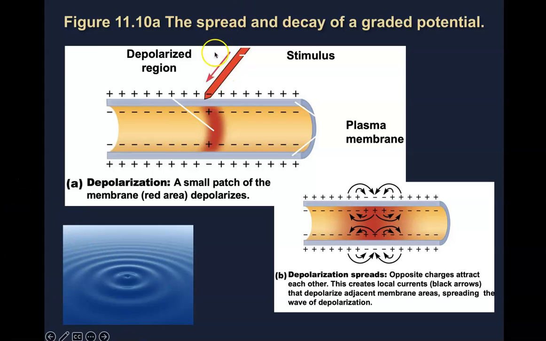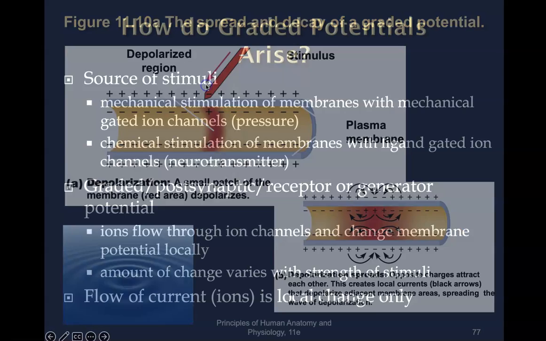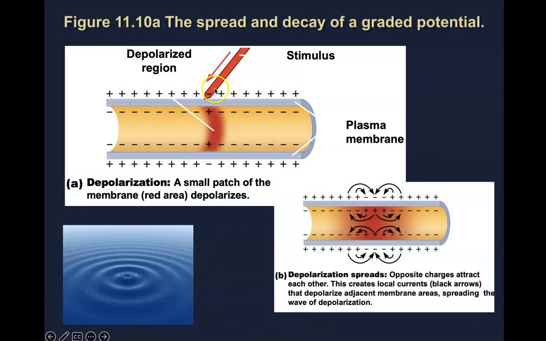So what happens in a graded potential is you get these very localized changes. For some reason, you get a stimulus. It could be a mechanical stimulus. It could be a chemical stimulus, like a neurotransmitter that is binding. But you're going to get some type of stimulus, let's say, in your dendrite.